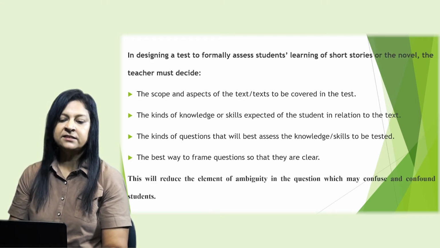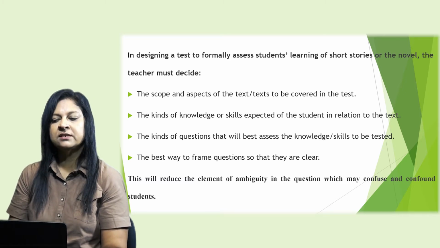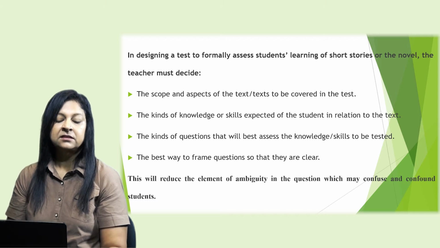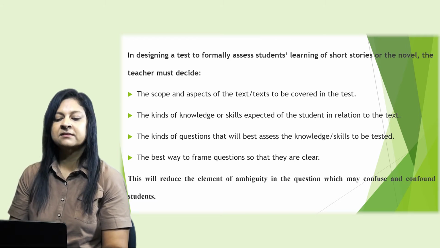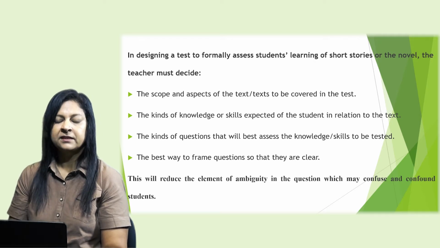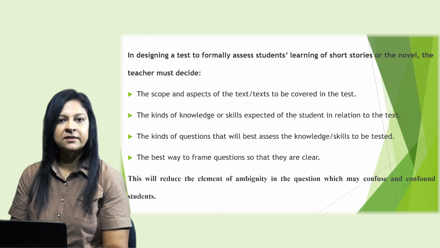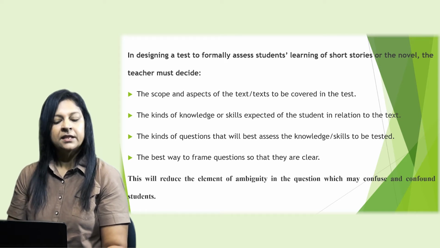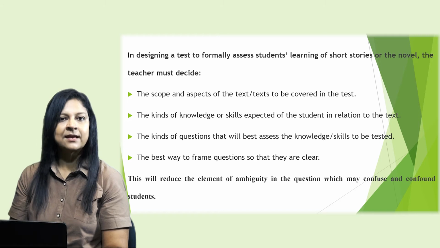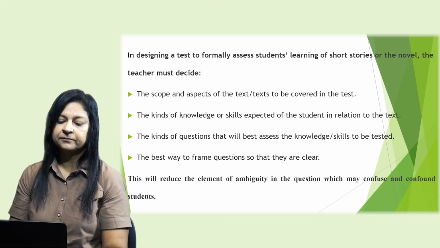In designing a test to formally assess students' learning of short stories or the novel, the teacher must decide the scope and aspects of the text to be covered in the test, the kind of knowledge or skills expected of the student in relation to the text, the kind of questions that will assess the knowledge or the skills to be tested, and the best way to frame questions so that they are clear.